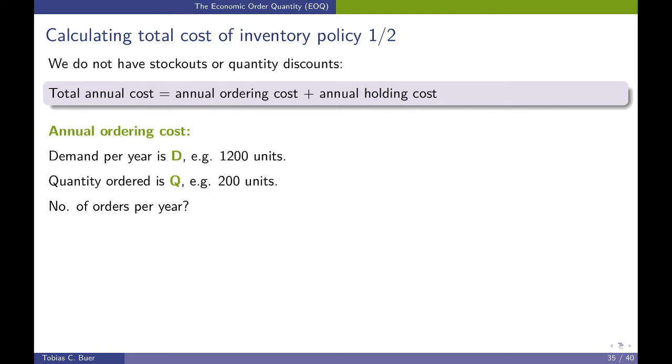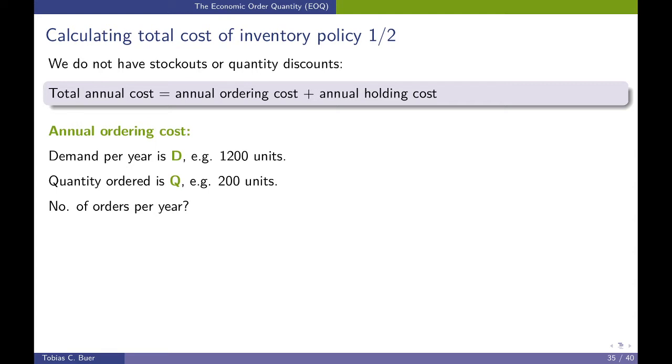Now, based on these assumptions for the economic order quantity, we would like to calculate the total cost of inventory. How much cost do we spend per year on our inventory? And the total cost are made up in this model from annual ordering cost and annual holding cost.